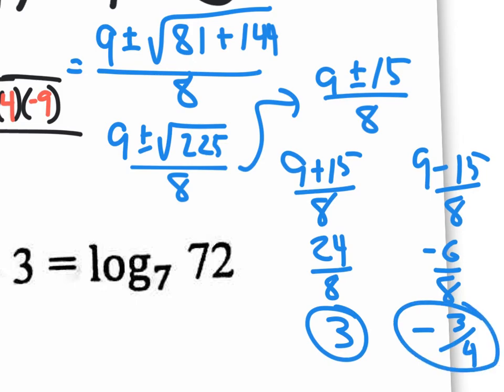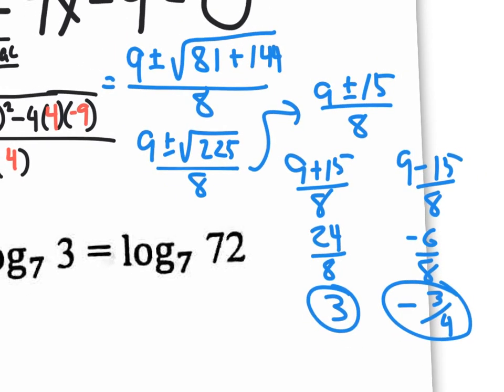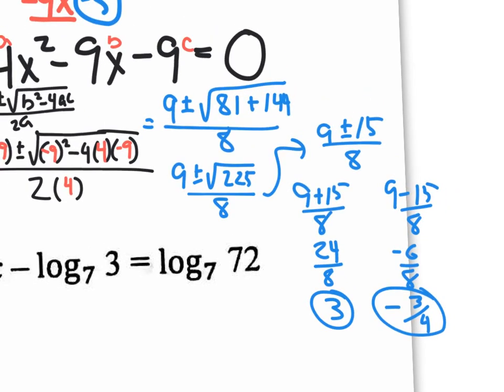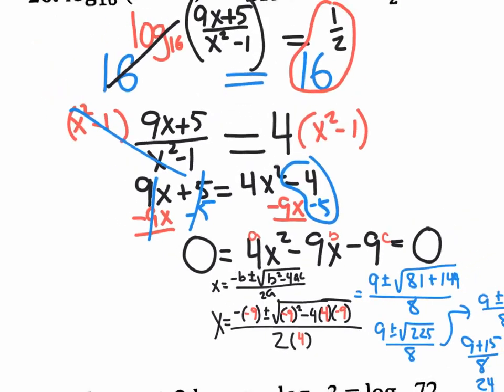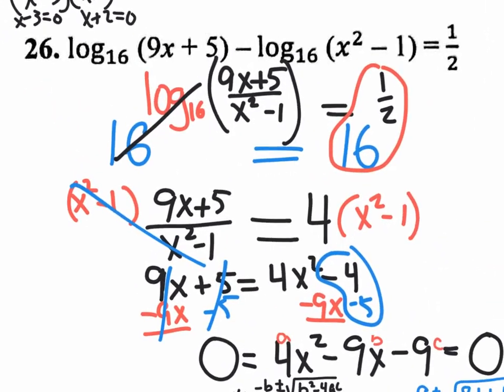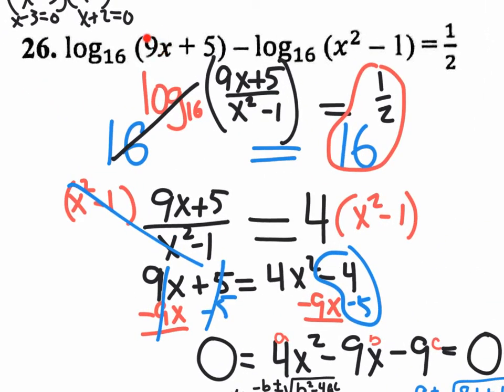However, we need to double check and make sure that those values don't produce negative values inside the logarithms. So if I check 3, if I plug in a 3 right here, 9 times 3 is 36 plus 5. That's a positive number. It's all good. If I plug in a 3 here, 3 squared is 9, minus 1, it's 8. It's all good. So 3 works.